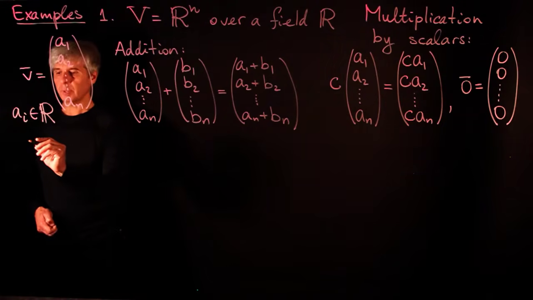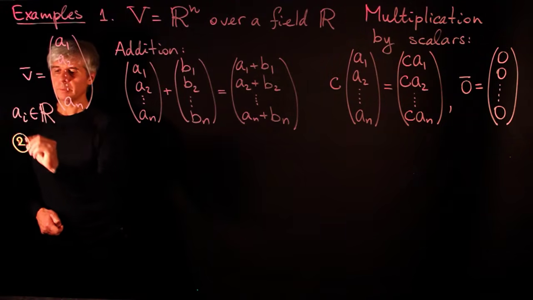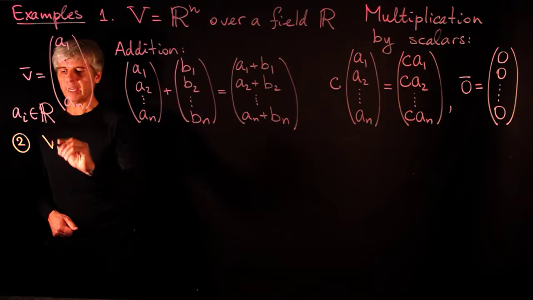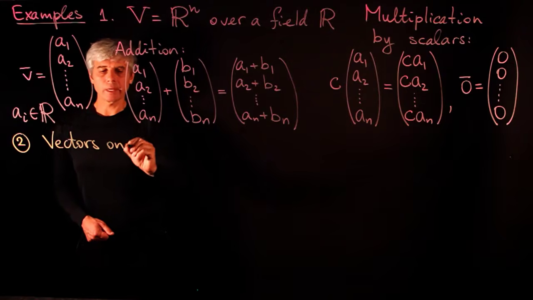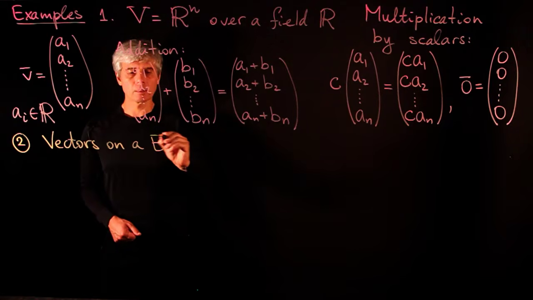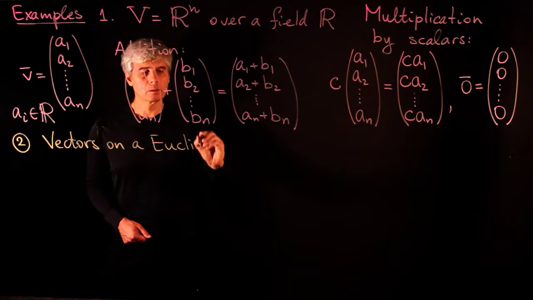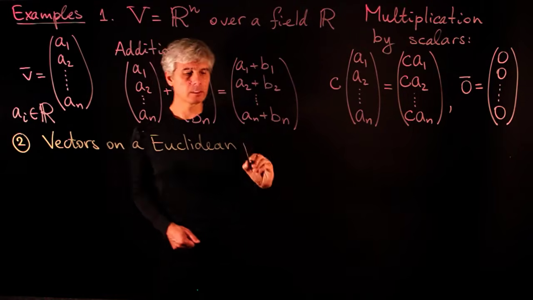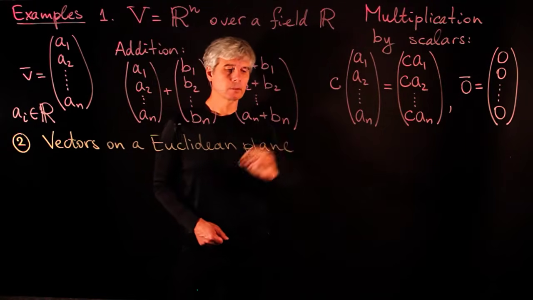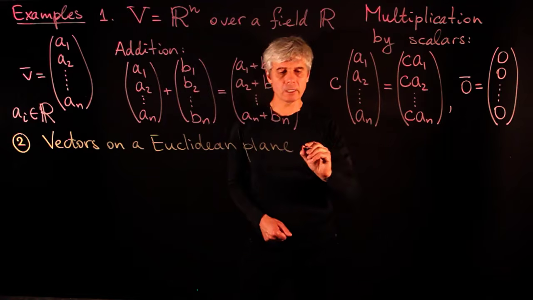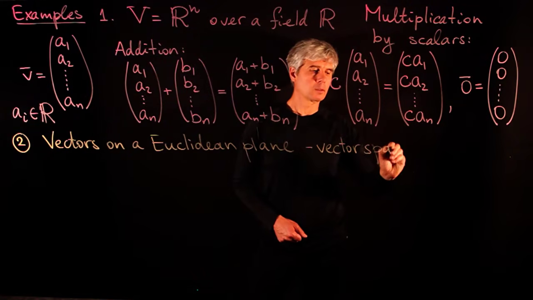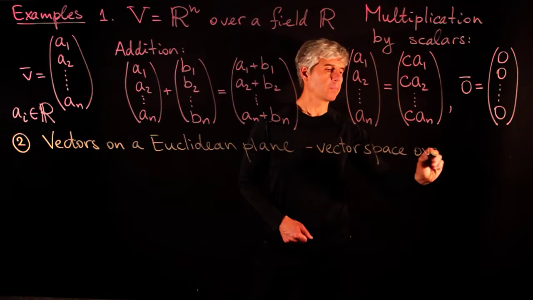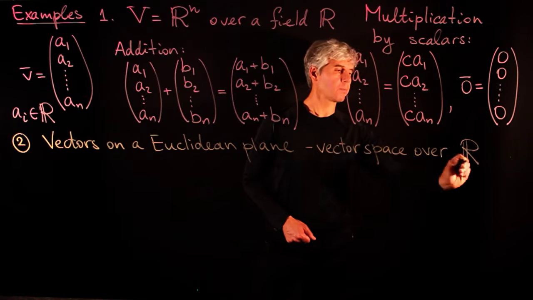Our second example will be vectors on a Euclidean plane. So this is a vector space over the field of real numbers.